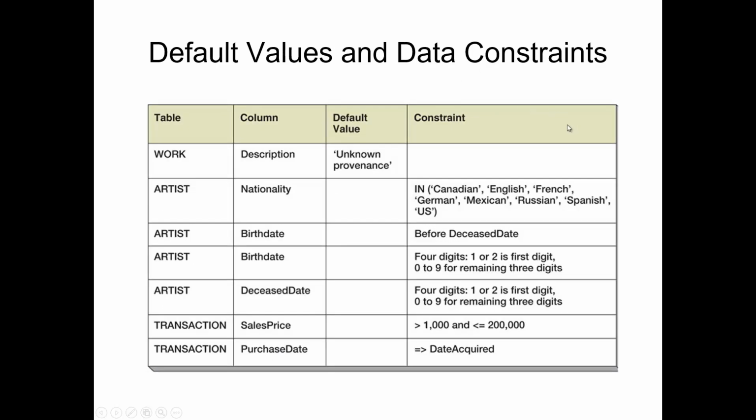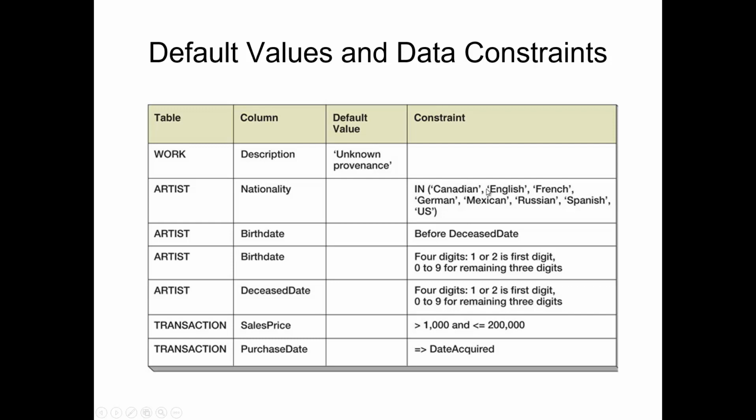The default values and constraints can be identified as follows, and those constraints are based on the business owner, the company. The company is providing you with these limitations, constraints that you need to follow. So in this case, they are saying that the artist nationality will be only from these countries, no other countries.